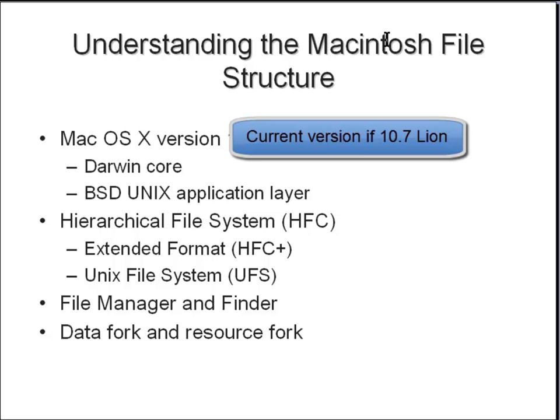It's very powerful, very extensible, and the great thing about it is you can use the Macintosh just like you would a regular Macintosh, or you can drill down, open up a terminal, and use it just like you would any Unix operating system.